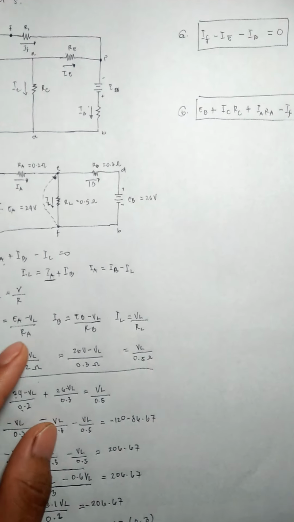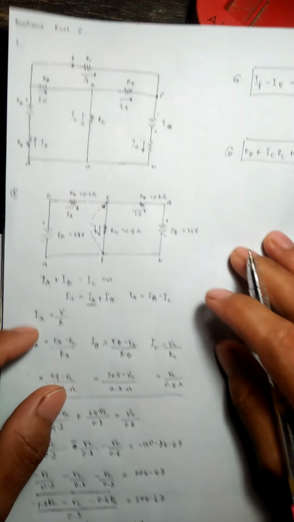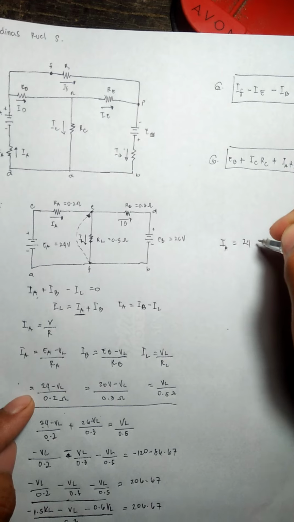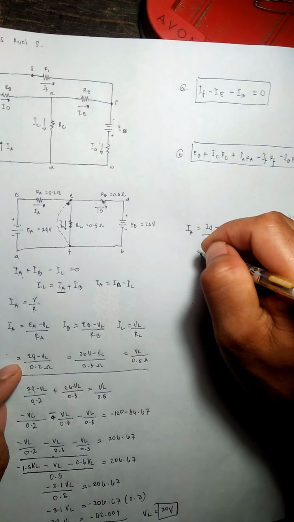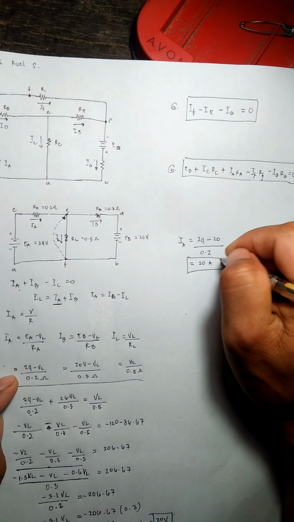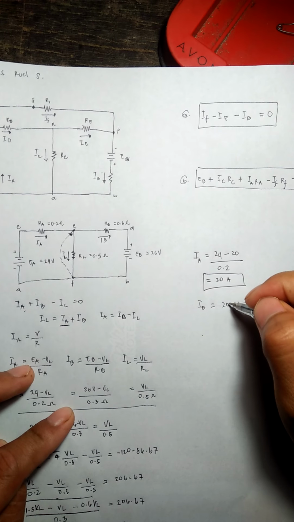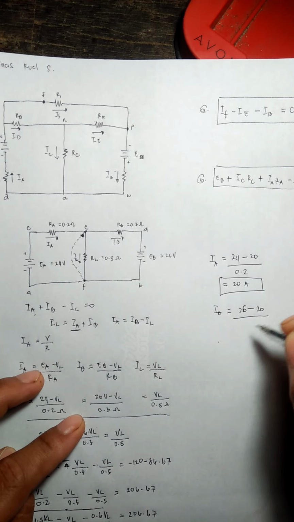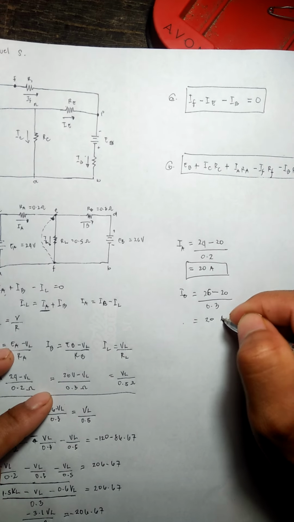Using 20 volts in this equation, we compute IA equal to 24 volts minus 20, which is our VL, over 0.2, equal to 20 amperes. This is our IA. Then compute for IB: 26 volts minus 20, which is our VL, over 0.3, equal to 20 amperes, which is our IB.